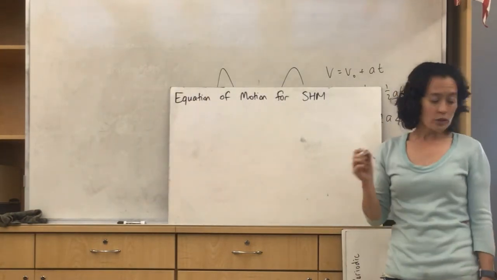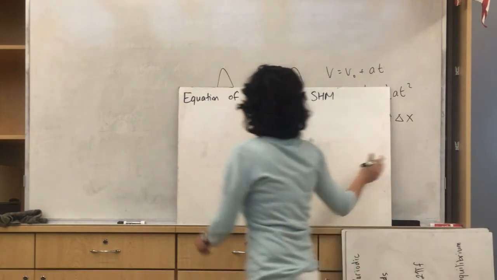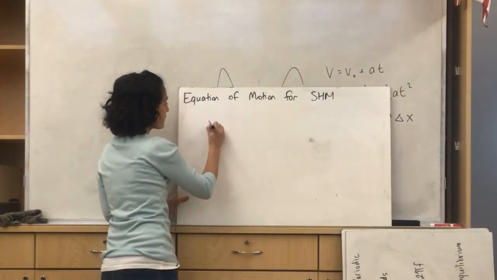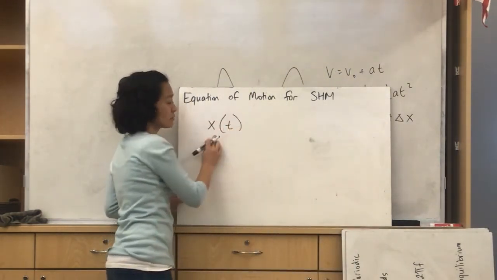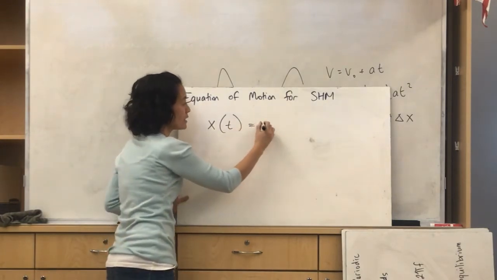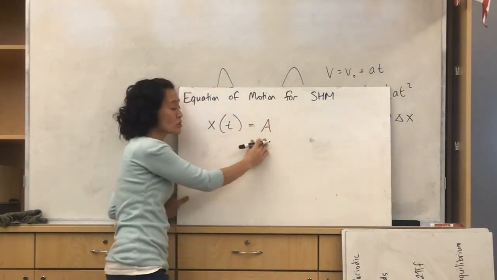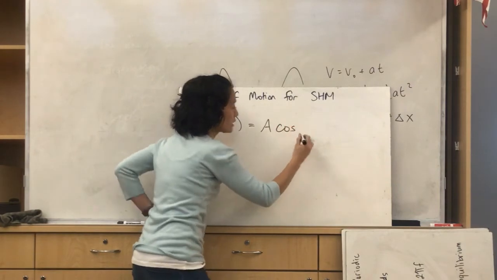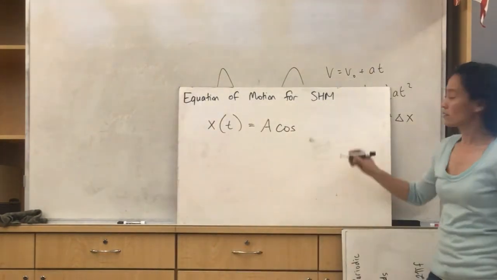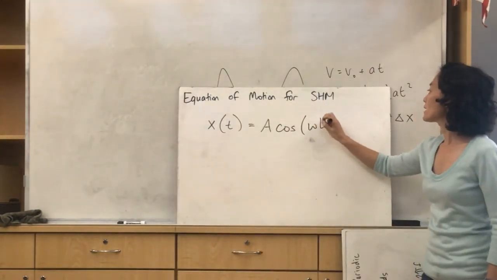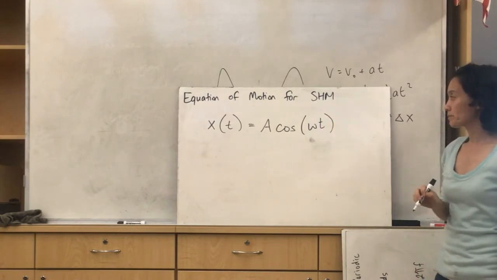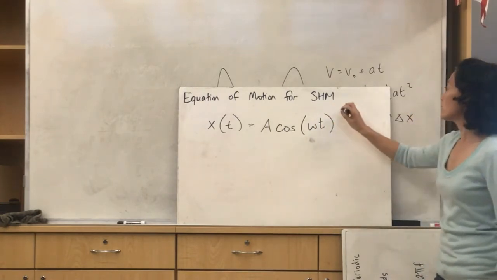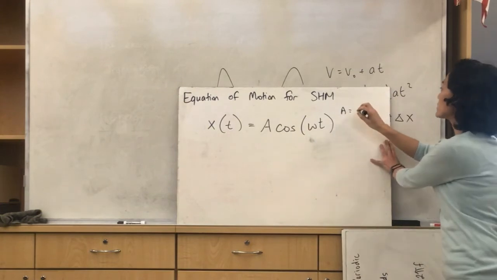So if you were to represent the equation of motion for simple harmonic motion, position as a function of time is equal to the amplitude times the cosine of omega times t. Okay? So A, recall, is my amplitude.